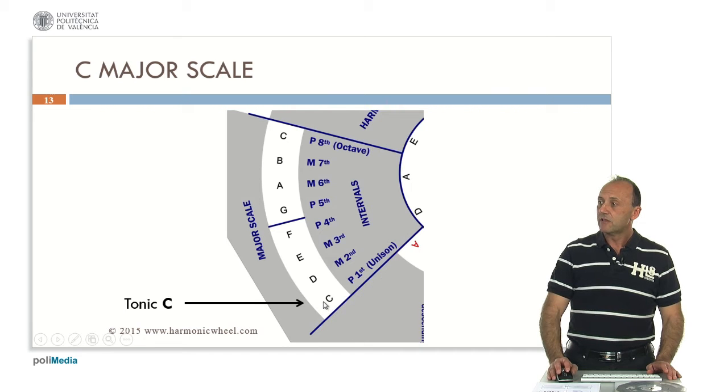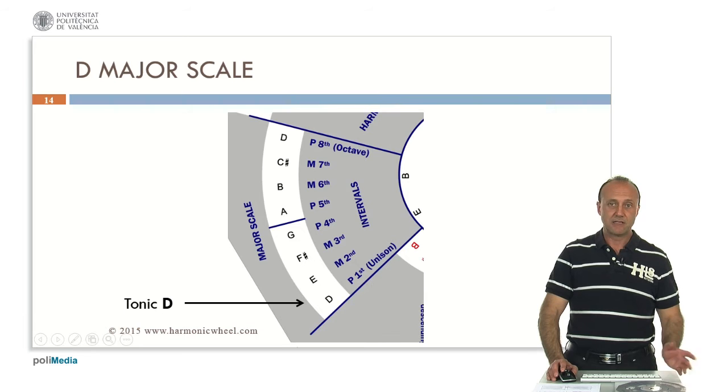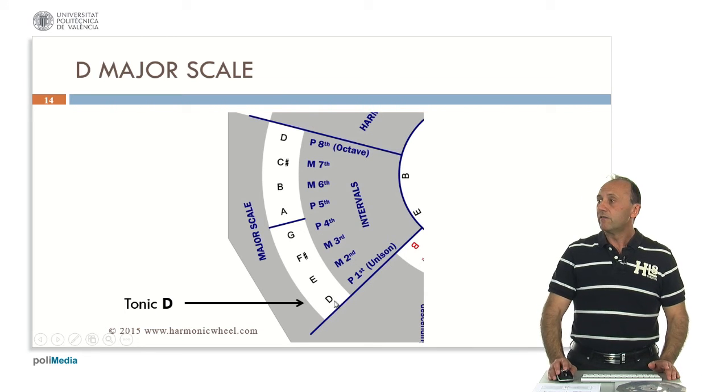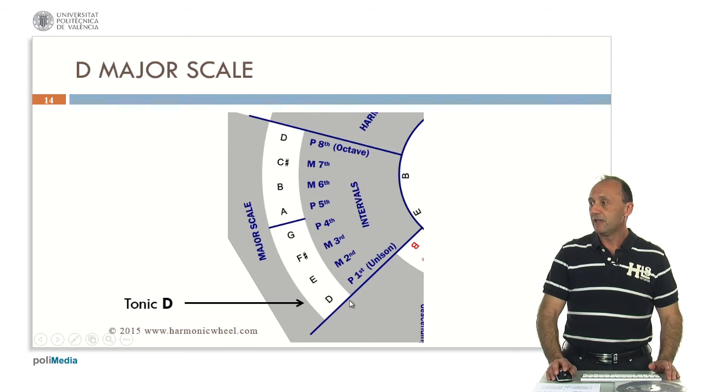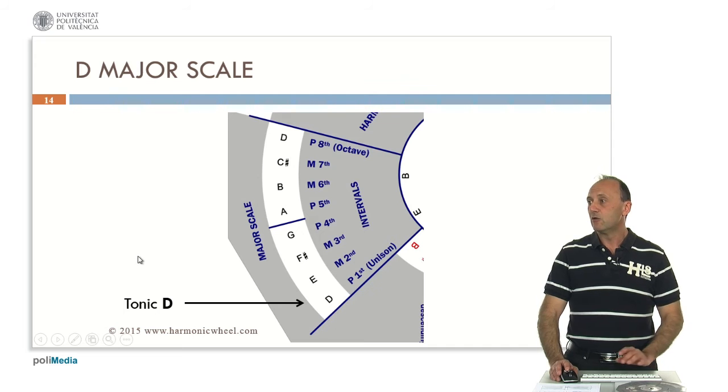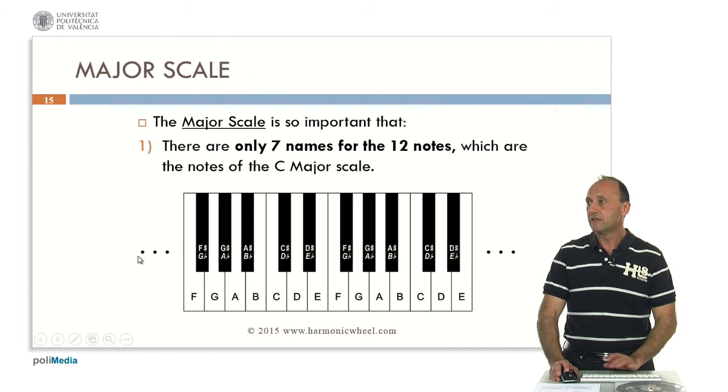Its notes are C, D, E, F, G, A, B, C. If we choose another note, for example, note D as the tonic of the scale, we find this major scale, which is the D major scale. Its notes are D, E, F sharp, G, A, B, C sharp, and D. So we find 2 sharps in this scale, for the notes F and C.